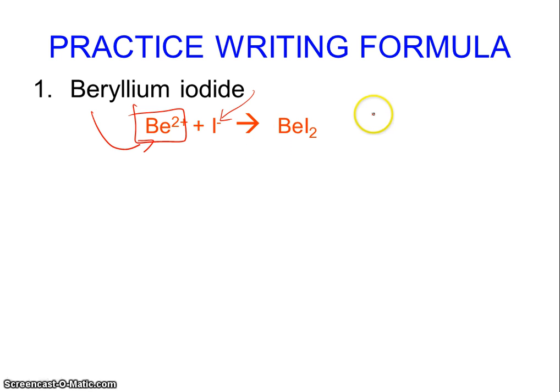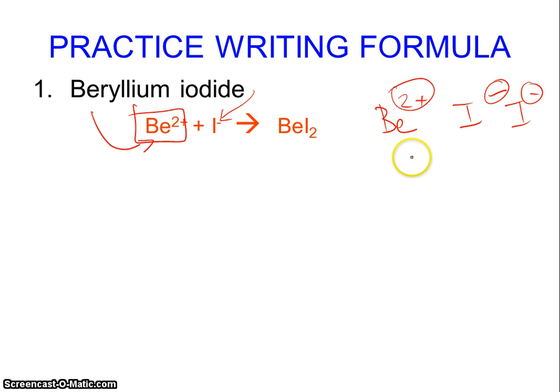Putting them together following the zero net charge, we have 1 Be2 plus and iodide minus. You need 2 iodide ions to balance out the charge, 2 plus and 2 minus, zero net charge. And so this is the formula, 1 beryllium and 2 iodine.